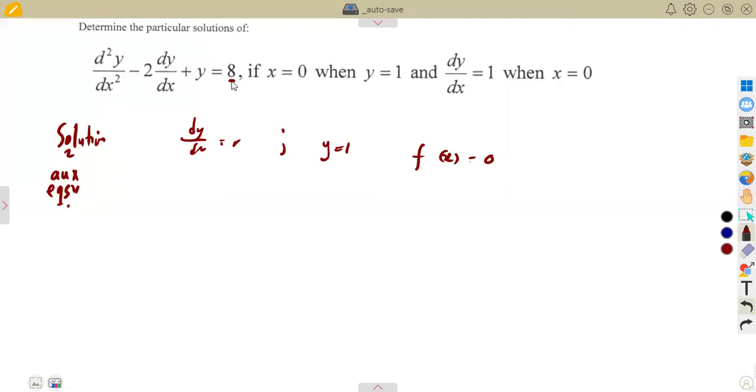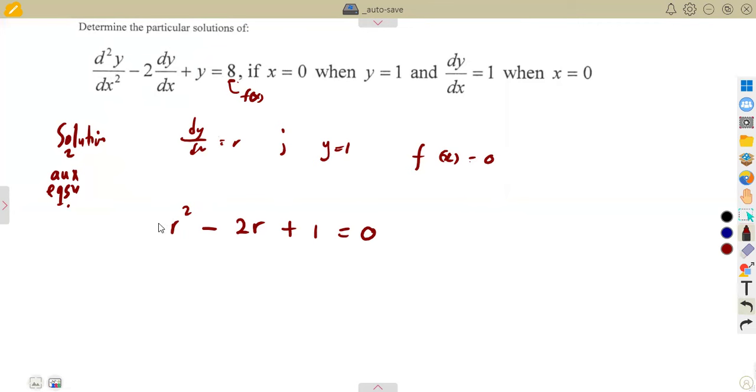As you can see, our f of x there is a constant. So this will be r squared minus 2r, where dy/dx is r. Y is represented by 1, and there is a 0 in place of f of x. Even if it's a constant, you write it as f of x, which is 0.